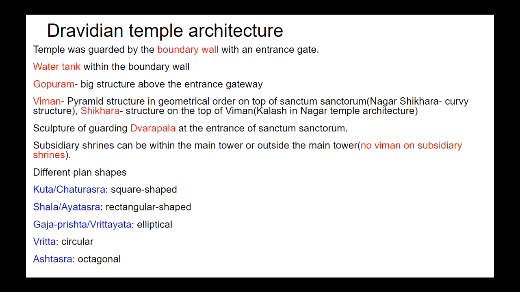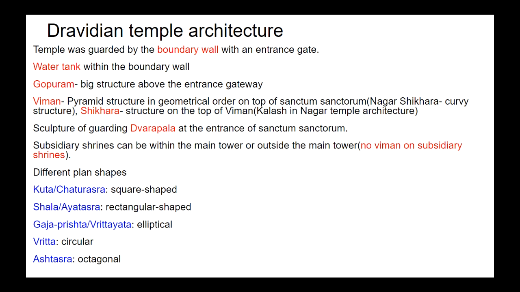Dravidian temple architecture. Temple was guarded by the boundary wall with an entrance gate. Water tank within the boundary wall. Gopuram was a big size structure above the entrance gateway. Then Viman was a pyramidal structure in geometrical order on the top of Sanctum Sanctorum. In Nagar style temple architecture, there is Sikhar instead of Viman, and it was a curvy structure.